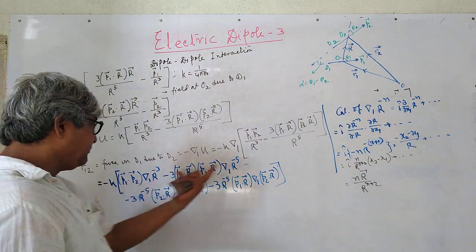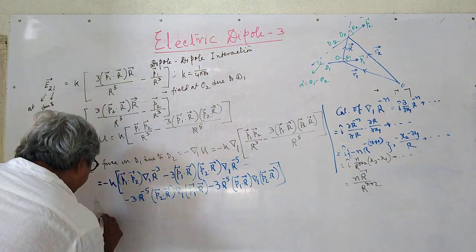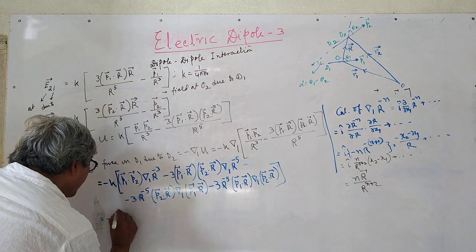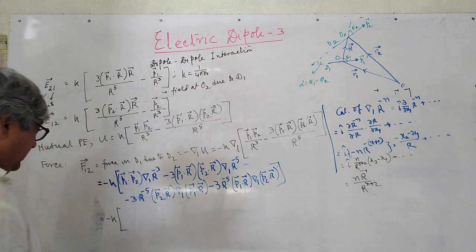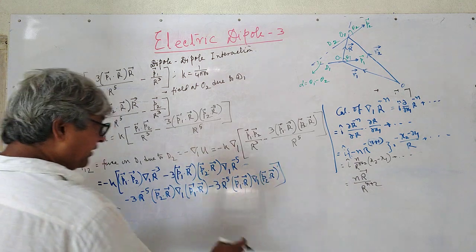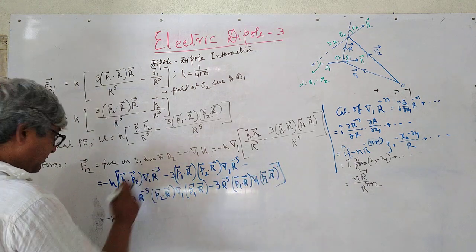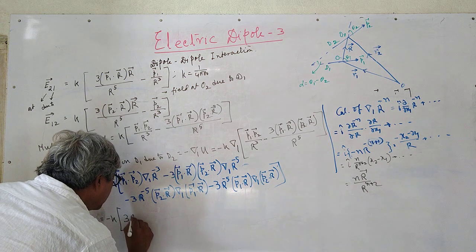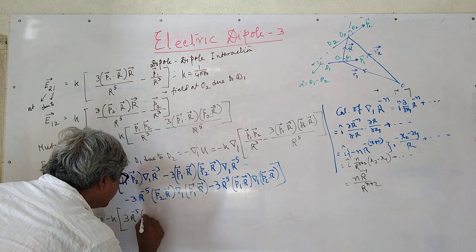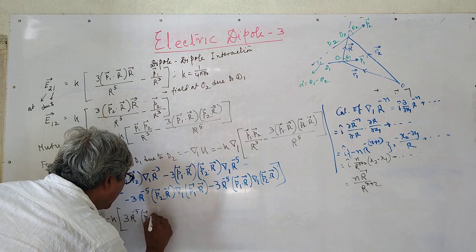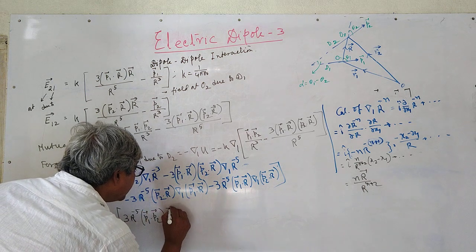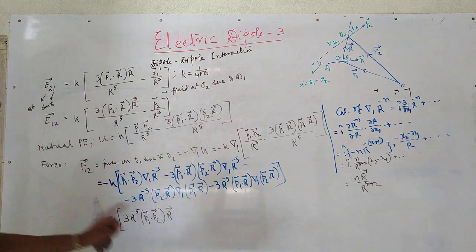So these two terms have been evaluated, and let me write these two terms first. There will be a 3 term. Here n is 3, so there will be 3 r to the power minus 5 p1 dot p2 times r vector. This is the first term.